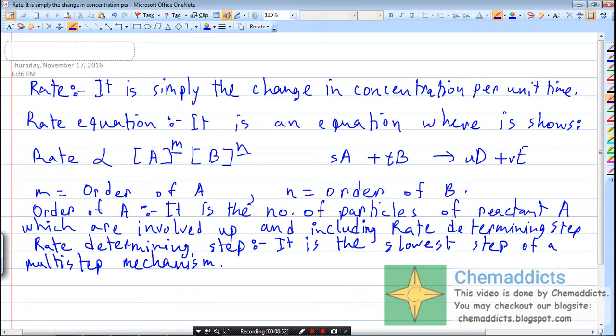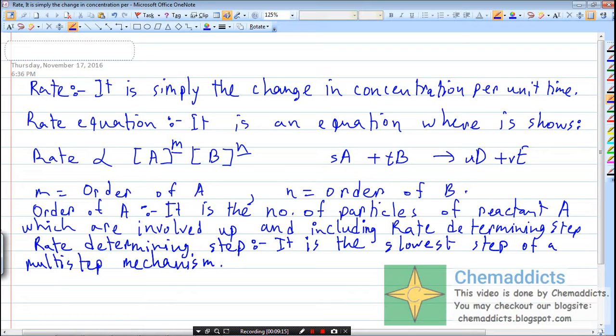Since it has many steps, the rate determining step would be the step which has the slowest rate. Why should it be the rate determining step?